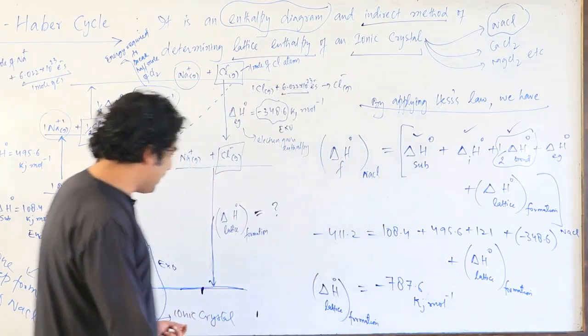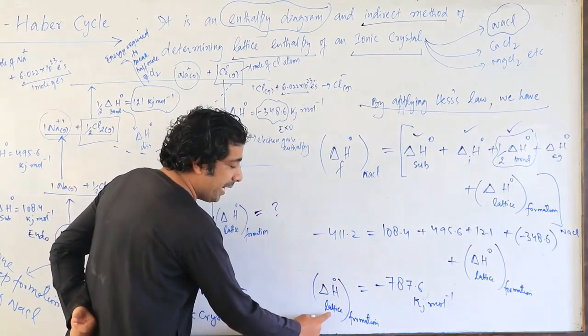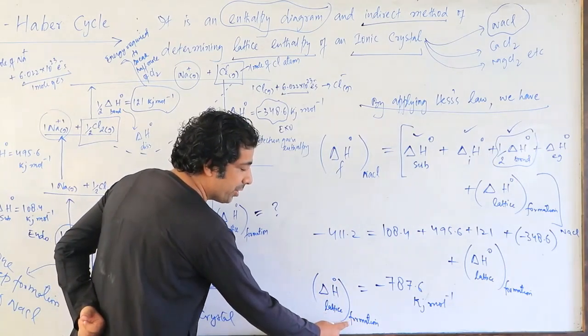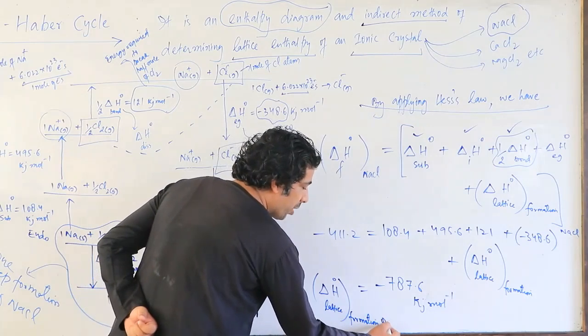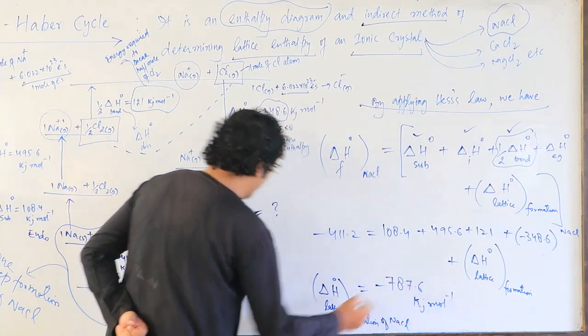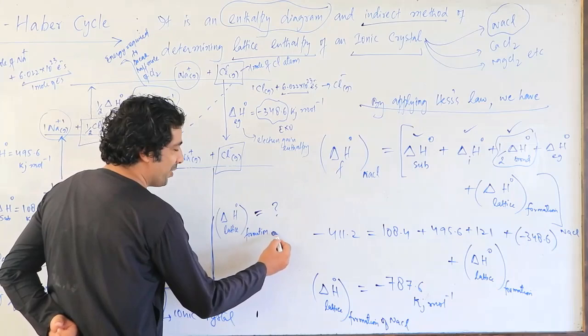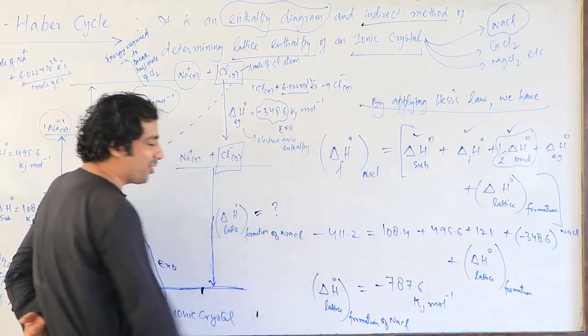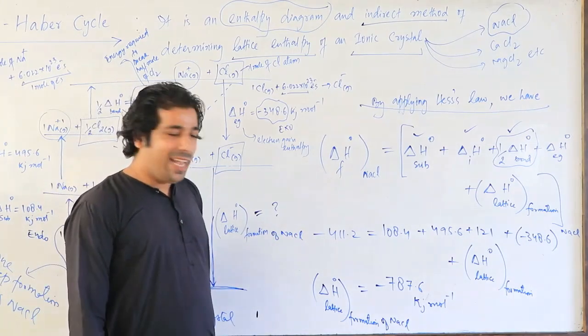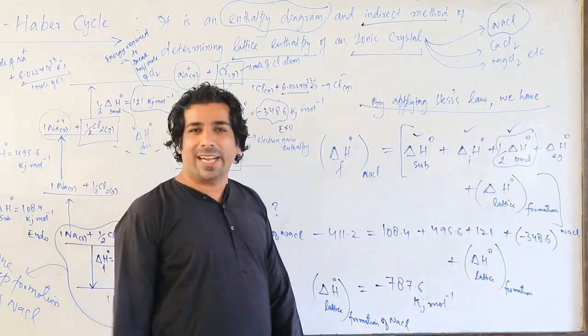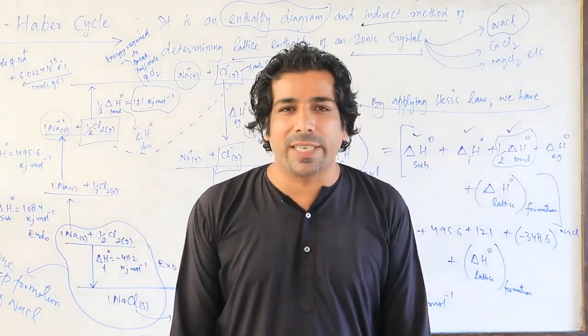787.6. So this is the standard lattice enthalpy of formation of whom? Formation of NaCl. Standard lattice enthalpy of formation of NaCl, because we are talking about NaCl here. And what will be the standard lattice enthalpy for the dissociation of NaCl?